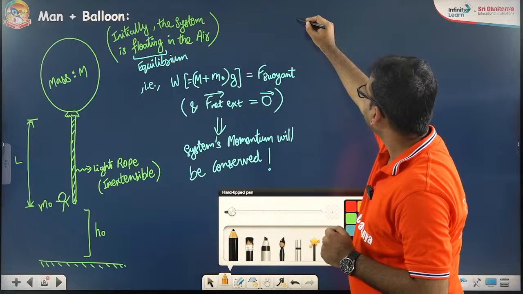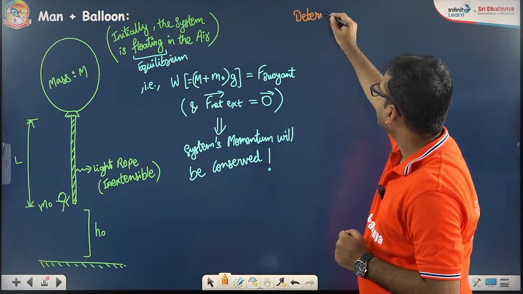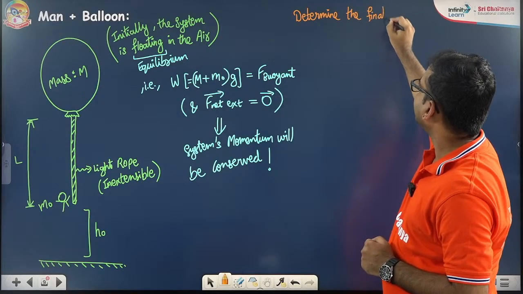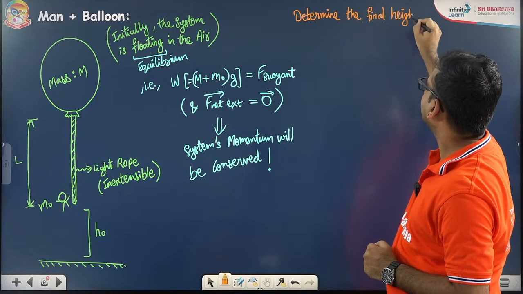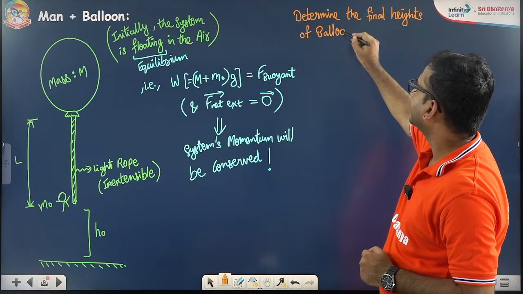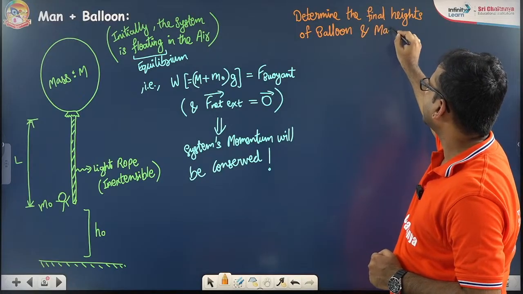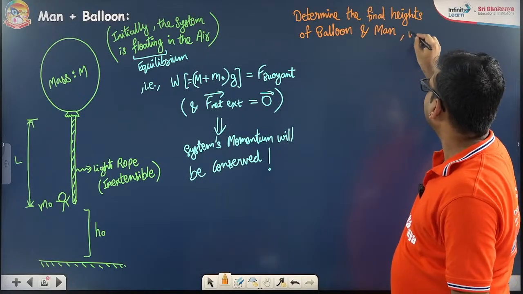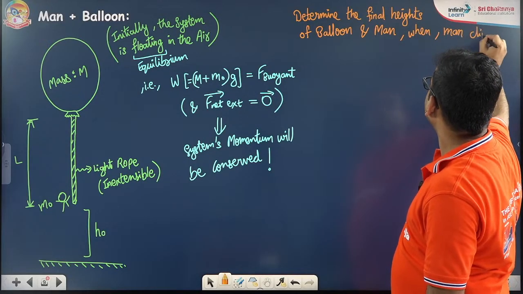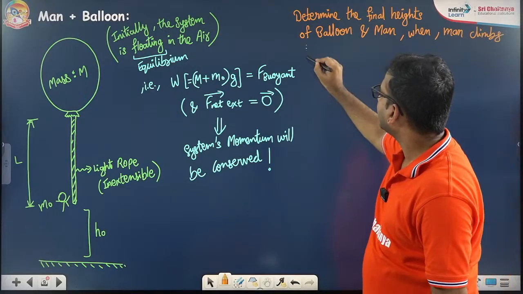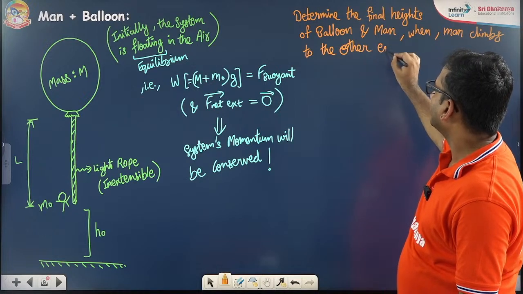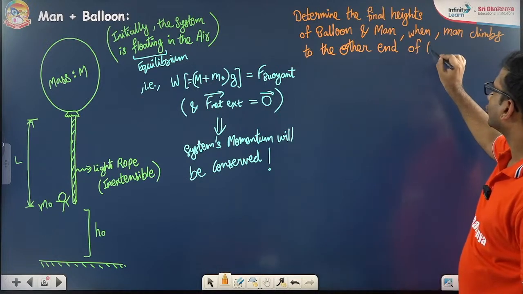The question is, determine the final heights of balloon and man when the man climbs to the other end of the rope.